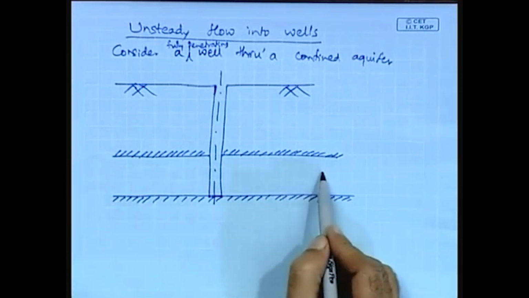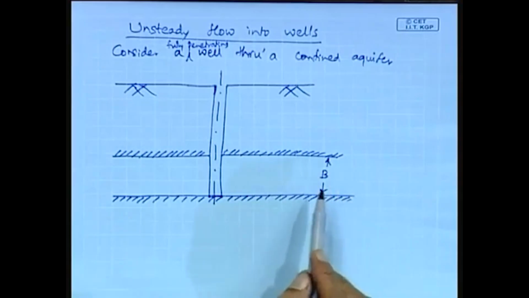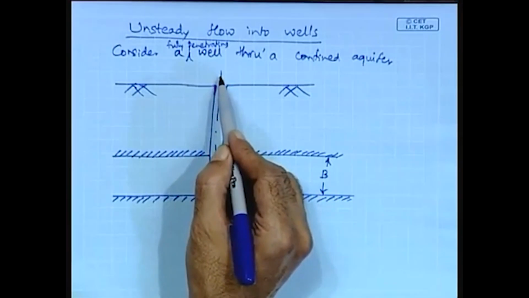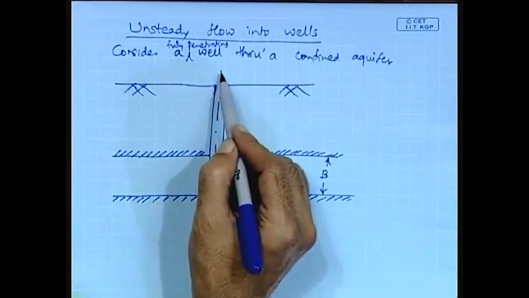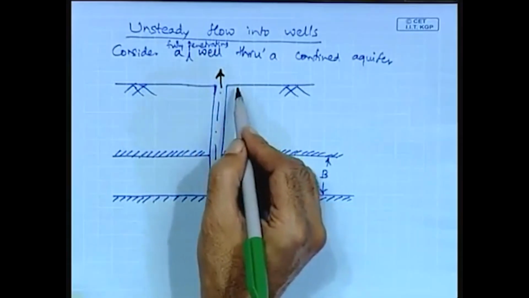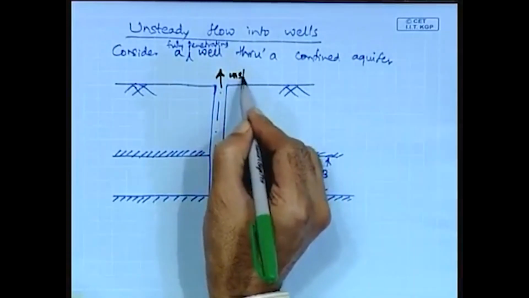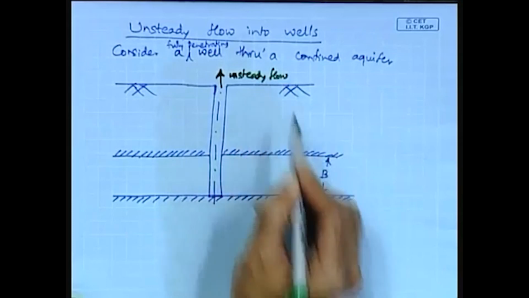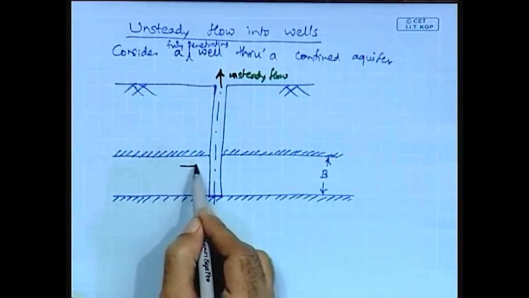And for simplicity, let us consider the thickness as B, and the flow is varying here. So, this is the unsteady flow through a confined aquifer.